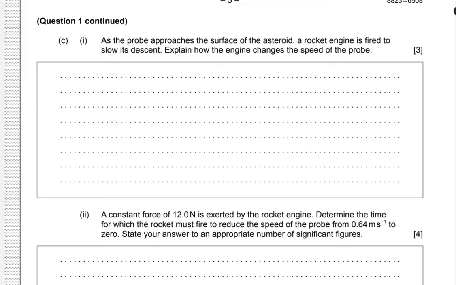I would say the simplest way to explain it is that the engine is exerting an upward force on the rocket. So first of all, the engine exerts an upwards force, simply because it is pushing down the burnt fuel, and that generates an upward force on the rocket.